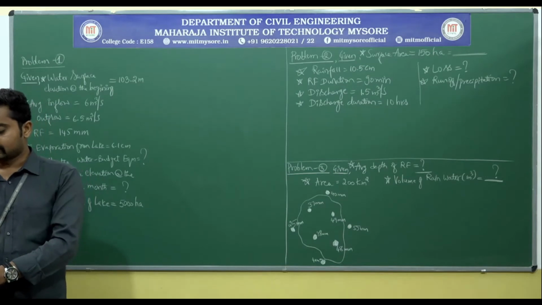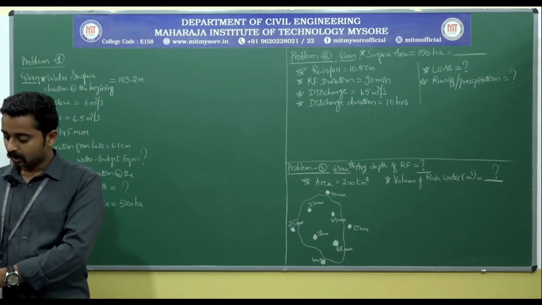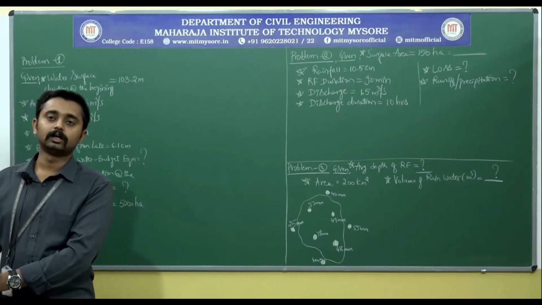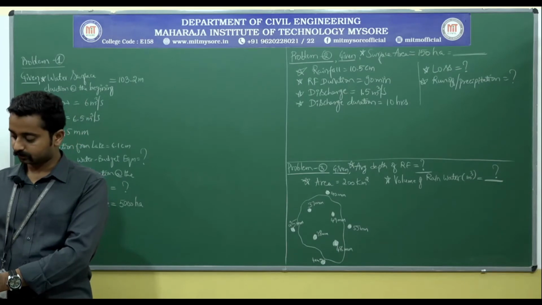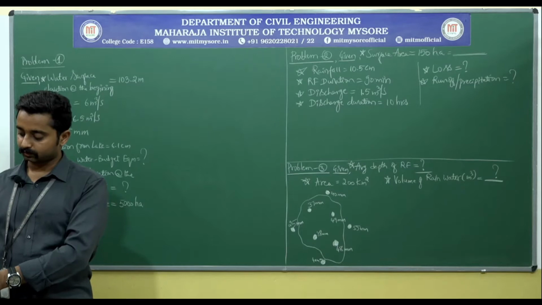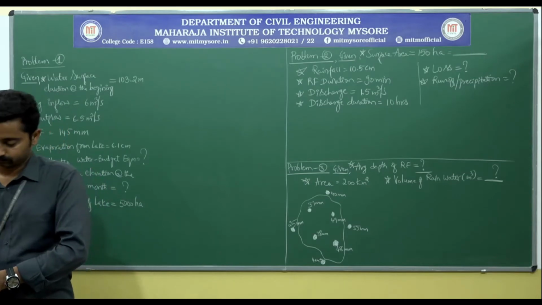The average surface area of the lake is 5,000 hectares. Assume there is no contribution to and from groundwater storage.